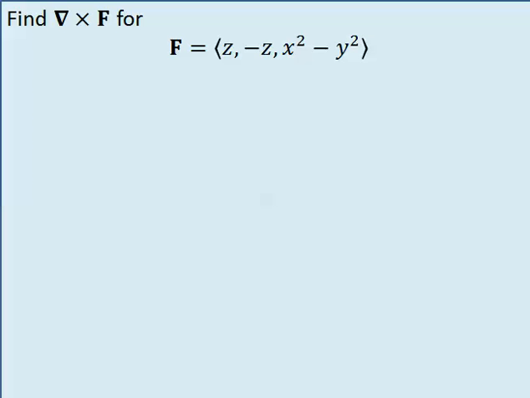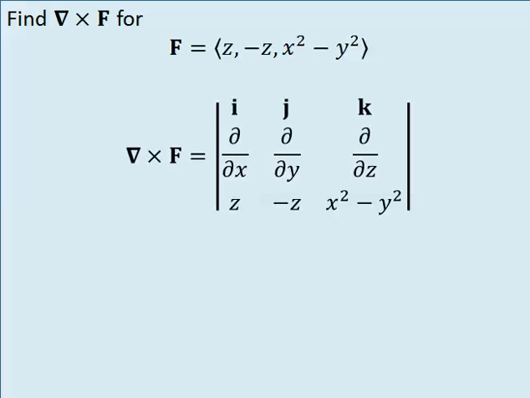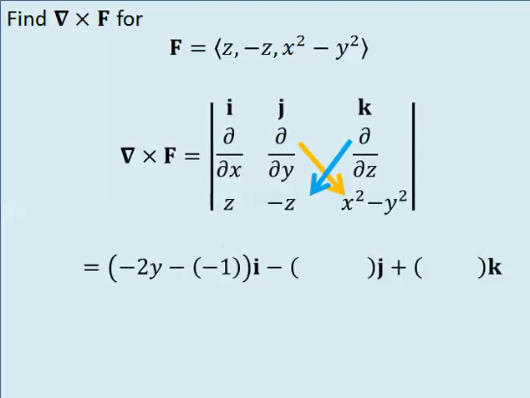We're going to finish this video with just an example. I'd like to find the curl of this vector field. Well, I need to set up my determinant. Remember, when I find the determinant, my j component will have a negative in front of it. Okay, my i component is negative 2y minus a negative 1.